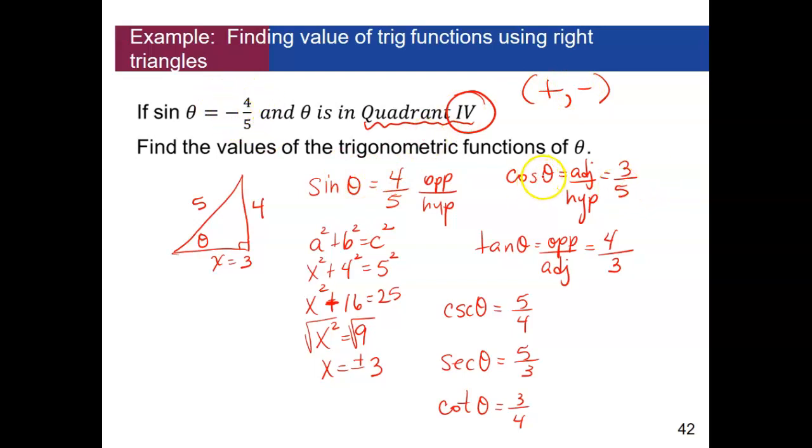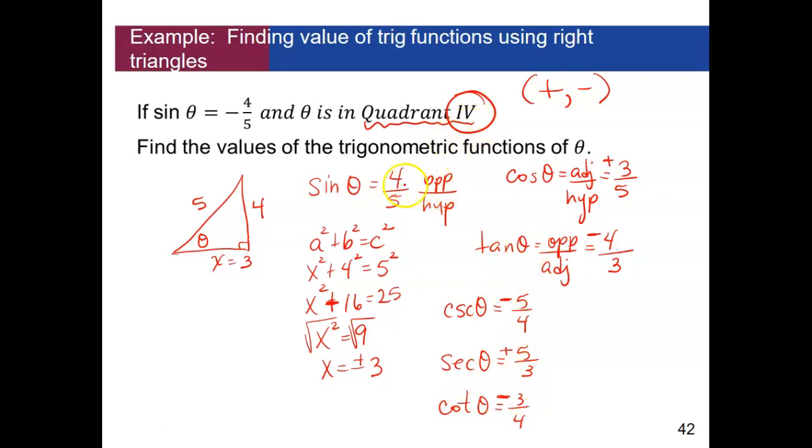So cosine we said was positive. Tangent in the 4th quadrant is negative. Right, cosecant, that's the reciprocal of sine, so it's going to be negative. Secant is the reciprocal of cosine, so it's going to be positive. And cotangent's the reciprocal of tangent, so it's going to be negative.